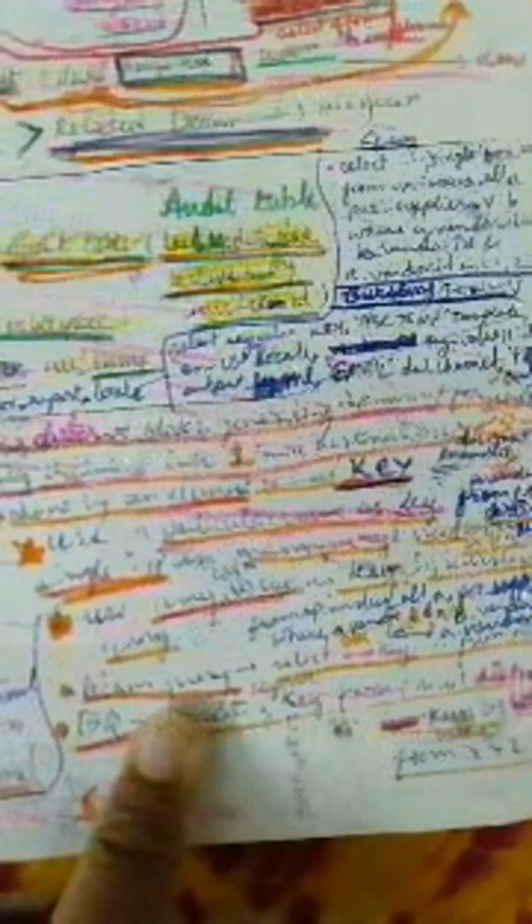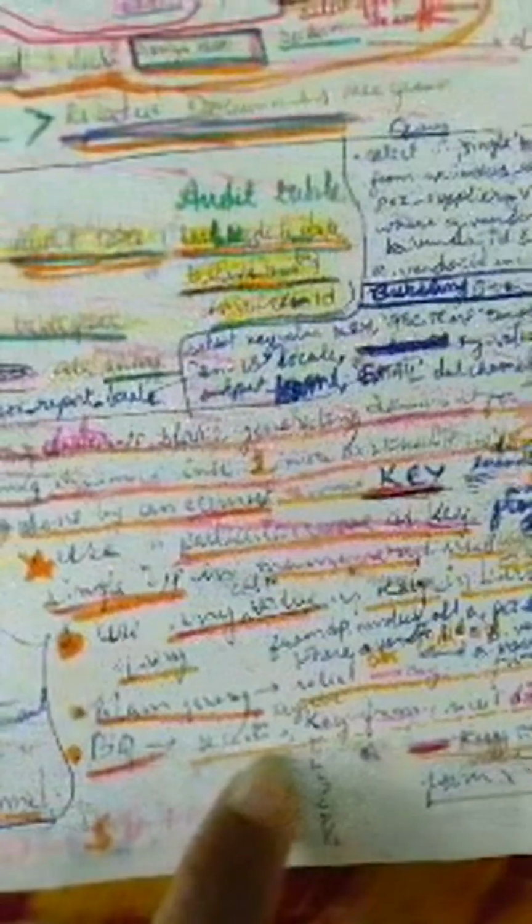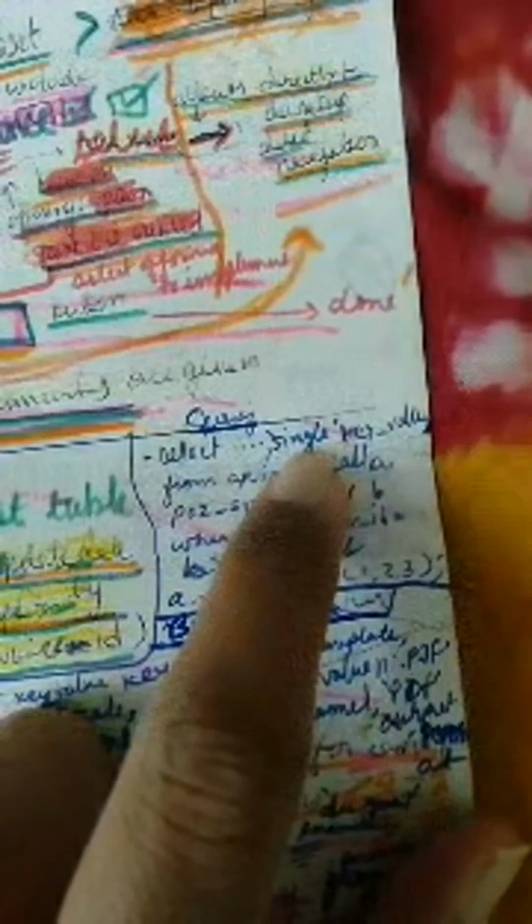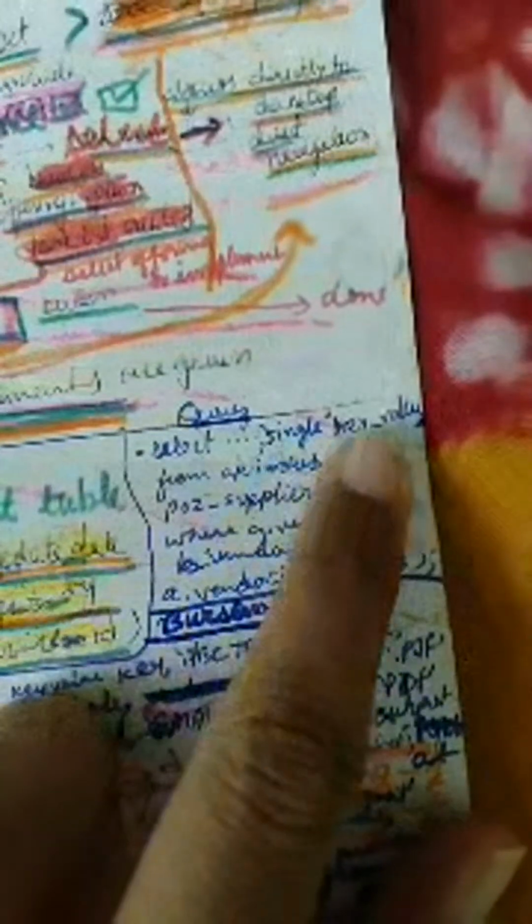Whereas if I want to give it to multiple destinations, then I will use a column value instead. So let's say I have a main query as single. Let's select single, or any standard value, as key value from AP invoices, all these things, with all and POZ suppliers.